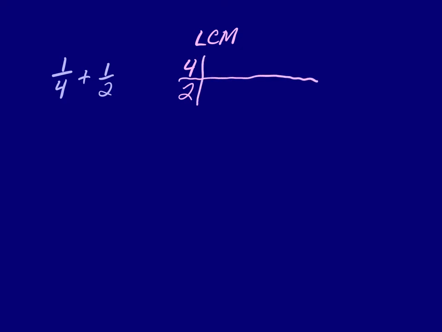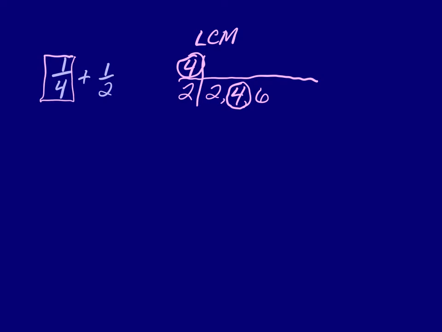And once you get used to this, you'll be able to see right away. Start with a smaller number, 2, then 4, then 6, but we already hit 4. So they have 4 in common, which makes it nice because this fraction right here is already done for us.